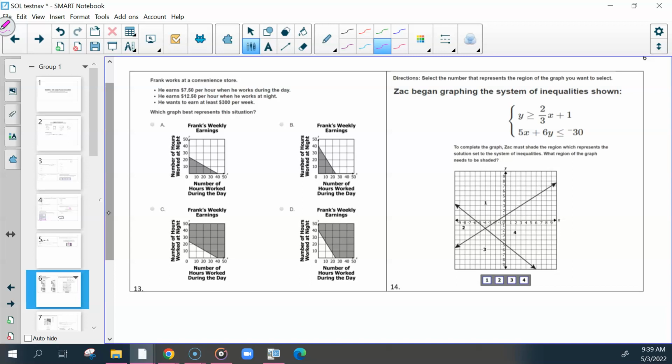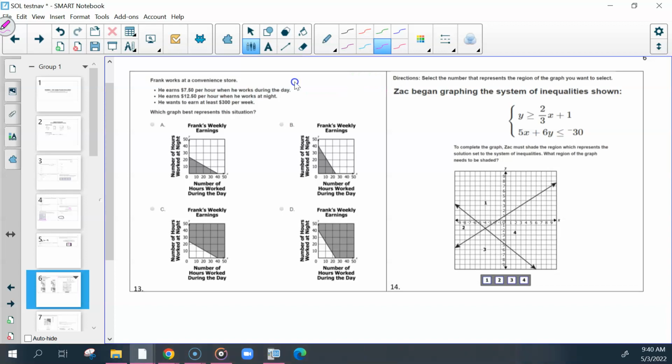This would have two different variables. You can say X is the number of hours worked during the day, Y is the number of hours worked at night. We have 7.5X plus 12.5Y. At least, how would we write that inequality symbol? Greater than or equal to?